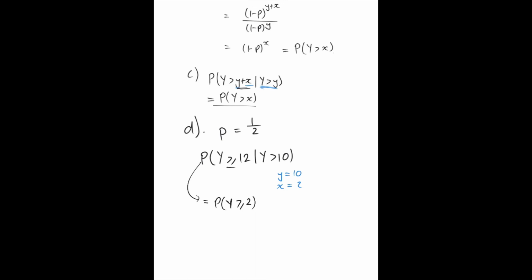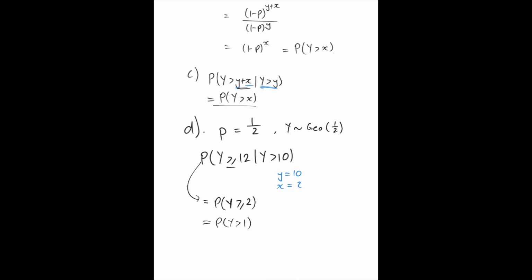Now, we know that Y is geometrically distributed with probability half. And so we can use that fact and the fact that we can write this as Y greater than 1, because exceeding 1 is the same as being 2 or more.